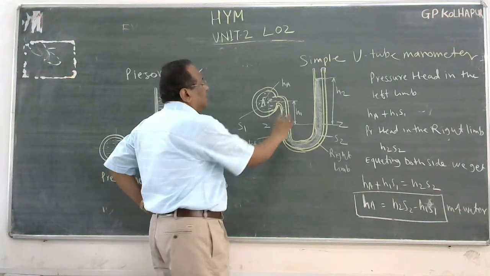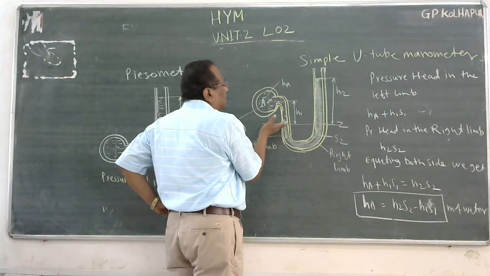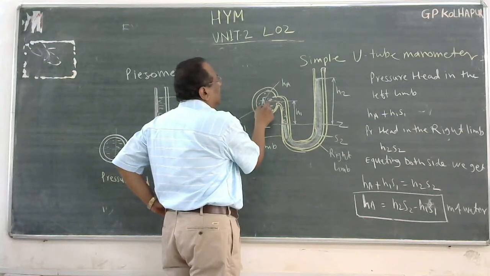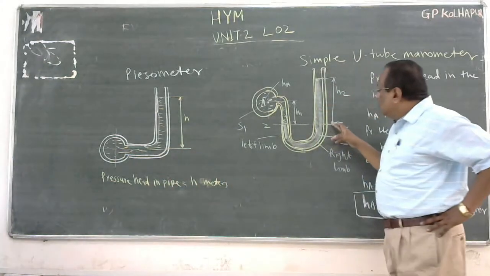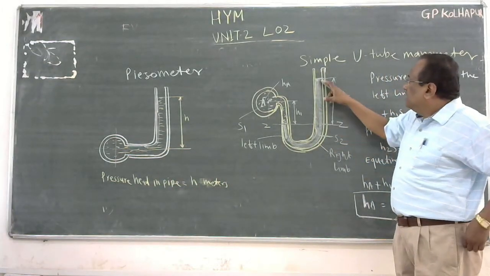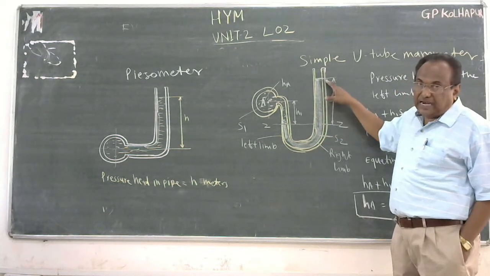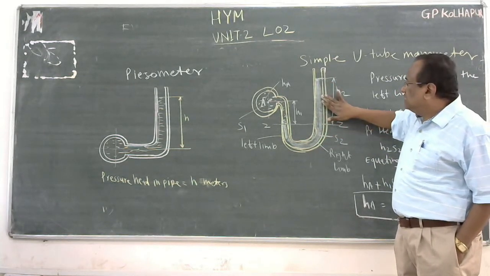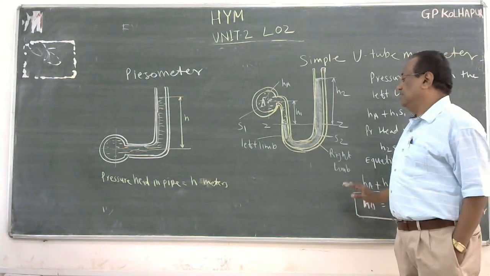Let us say H1 is the height between the level of mercury in the left limb and the axis of the pipe, and H2 is the height to which the mercury is raised above the ZZ level in the right limb. This is known as the right limb of the manometer, and this is known as the left limb of the manometer.